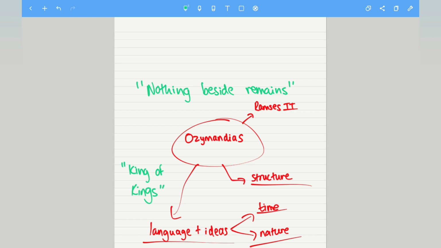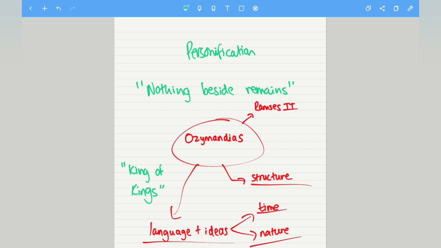Shelley, again the poet here, uses language throughout the poem that impresses us with the ruined state of the statue. When he describes the statue, he uses the technique of personification. So we need to look at how the poet uses personification. Just to remind you all, personification is the comparison of something that is not human with human characteristics.